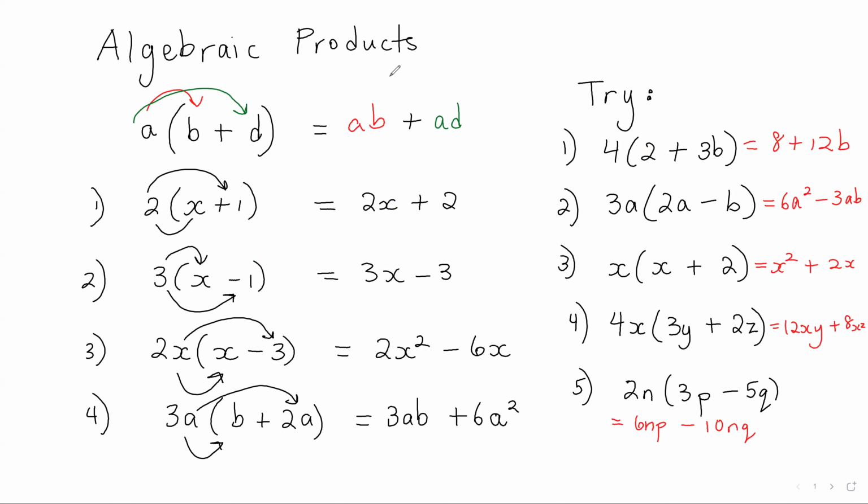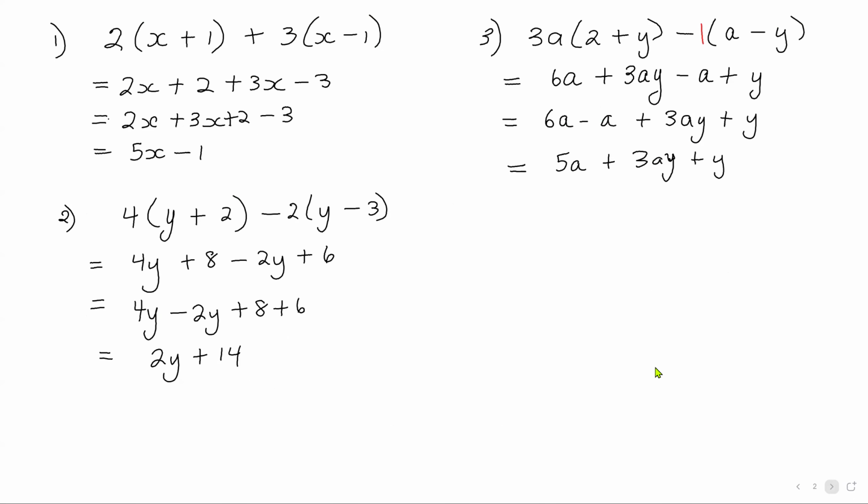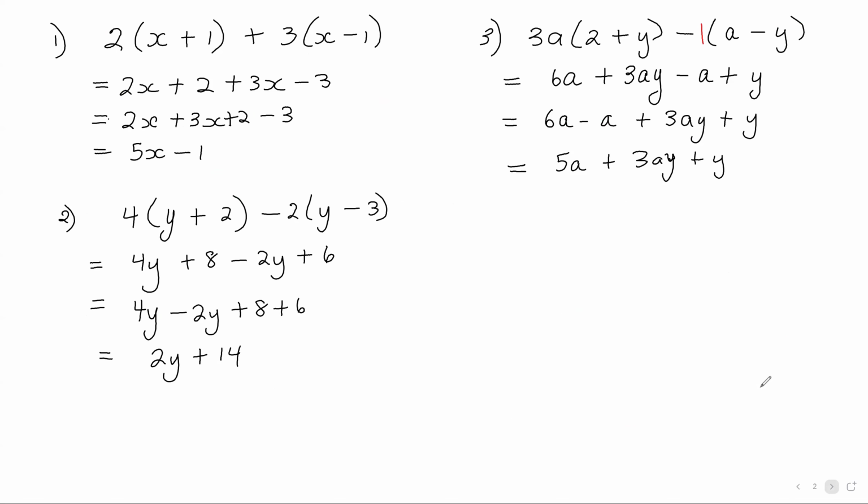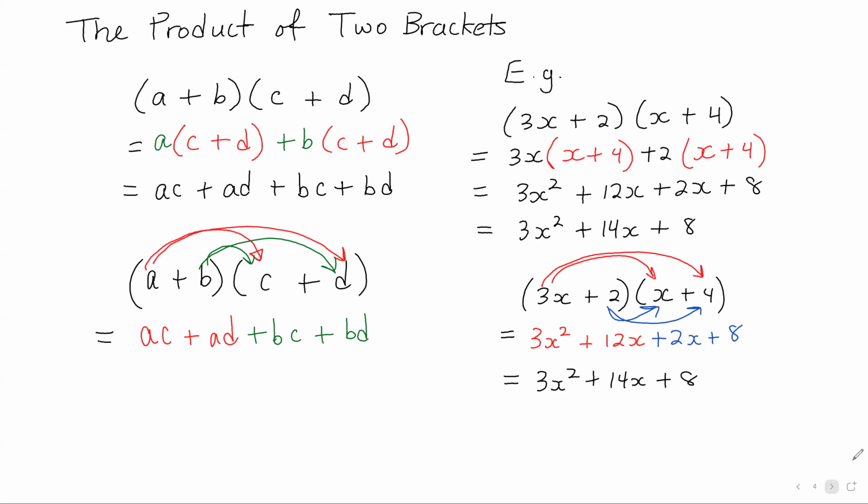Today we went through algebraic products, which is based on using the distributive law to expand brackets. We looked at expanding a single bracket with a term in front of it using the distributive law, and then expanding double brackets using two methods, where you rewrite it using the first term multiplied by the second pair of brackets, and the second term multiplied by the second pair of brackets.